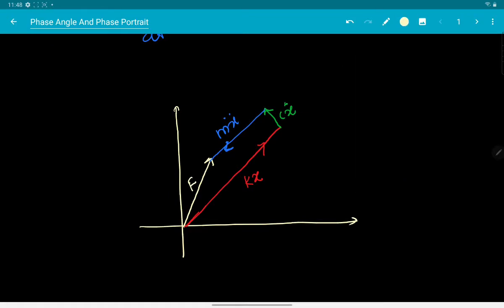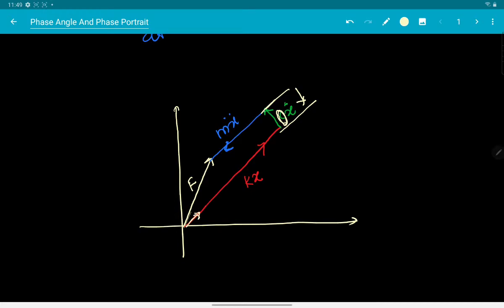Now imagine that this c is very small. As c will be very small, so will be the height of this. Depending on the value of c, the height of this will be determined. When there is a very small height of this, you will be able to appreciate that this x will be in line with f. As c goes on reducing, x approaches f.